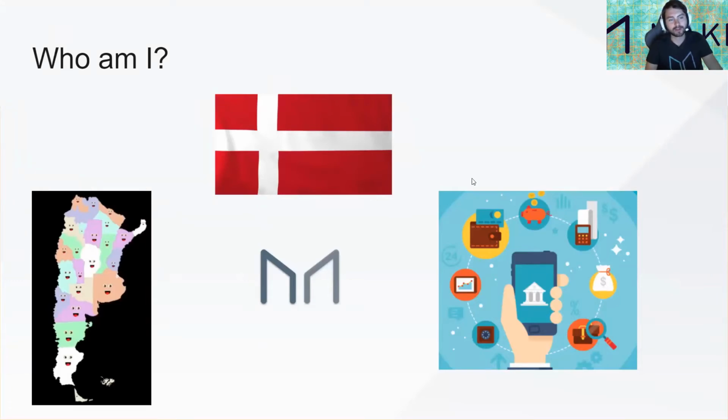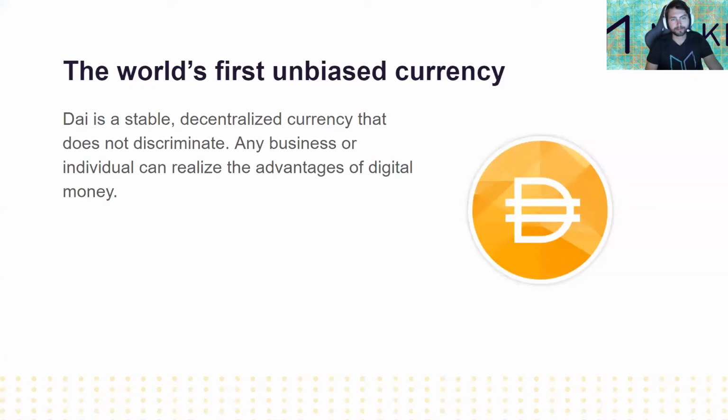I feel that what stablecoins can really offer to developing countries is access to a global financial system, something that we are seeing at a scale and in a manner that really hasn't been seen before. From what we see, DAI is the world's first unbiased currency. When we say currency, we don't necessarily see Bitcoin as a currency in that sense.